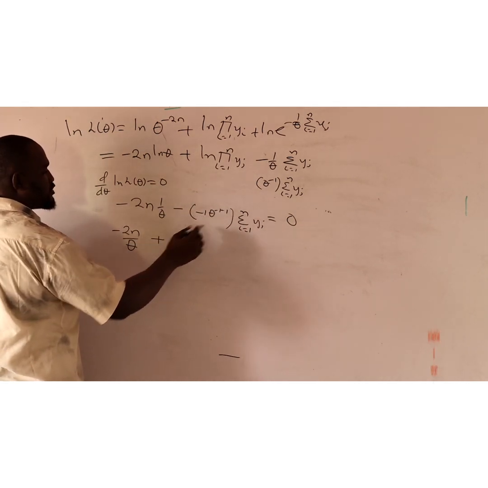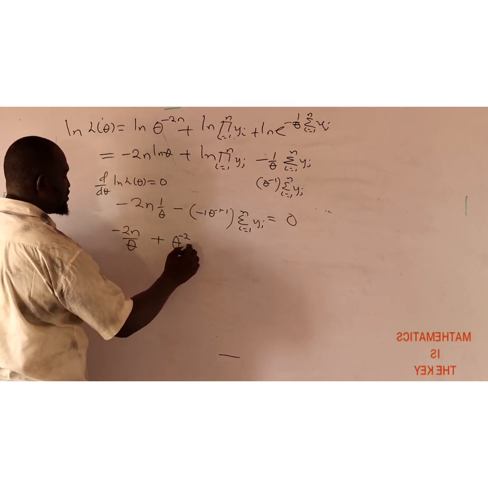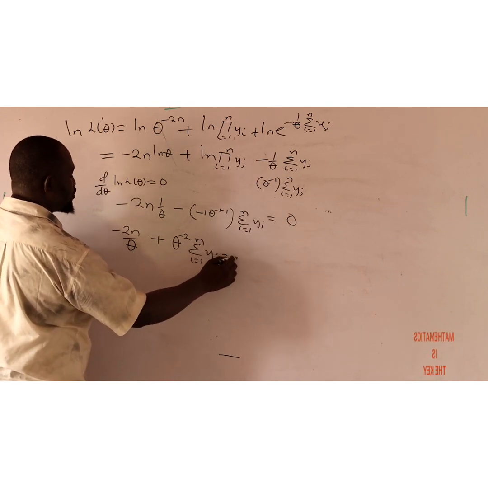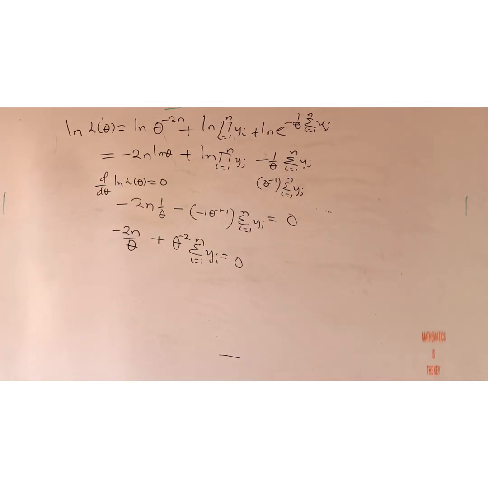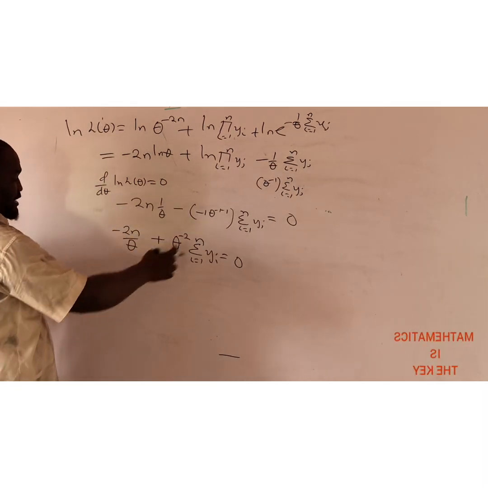Then minus 1 minus 1 is minus 2, so we have theta to the power of minus 2, summation from i equals 1 to n of yi equals 0. Simplifying further, we can take this to the other side of the equation.